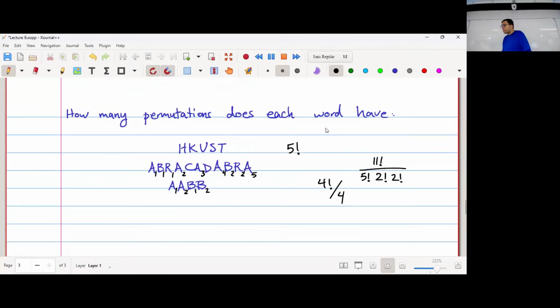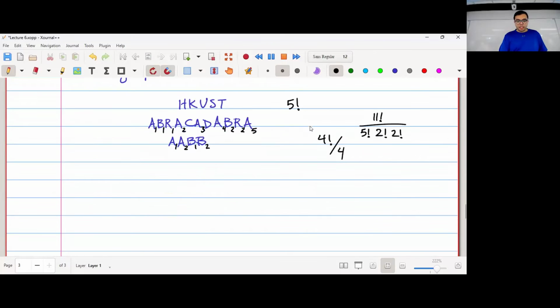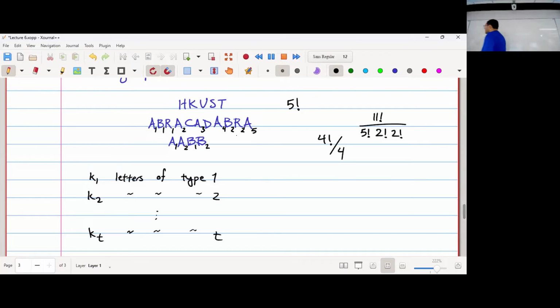Now, in general, let's say that I have a bunch of letters. So let's say that I have K1 letters of type 1. I have K2 letters of type 2, so on to, let's say, KT letters of type T. And I have a word that has these letters.